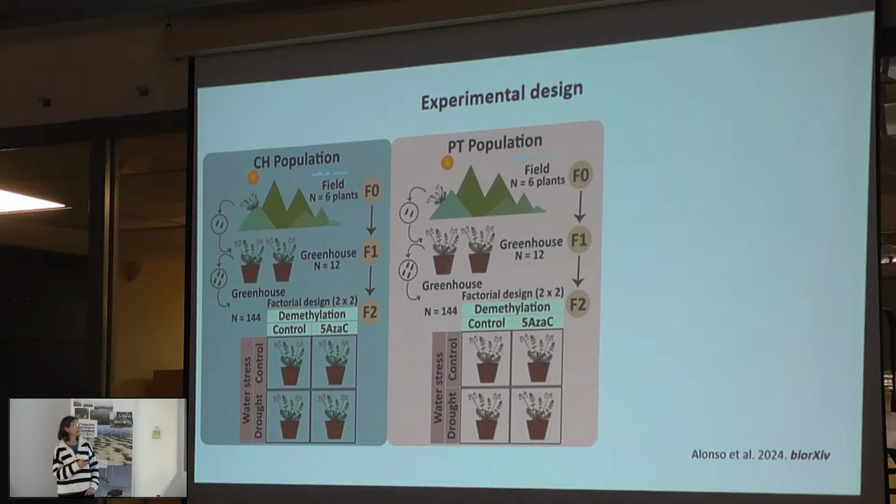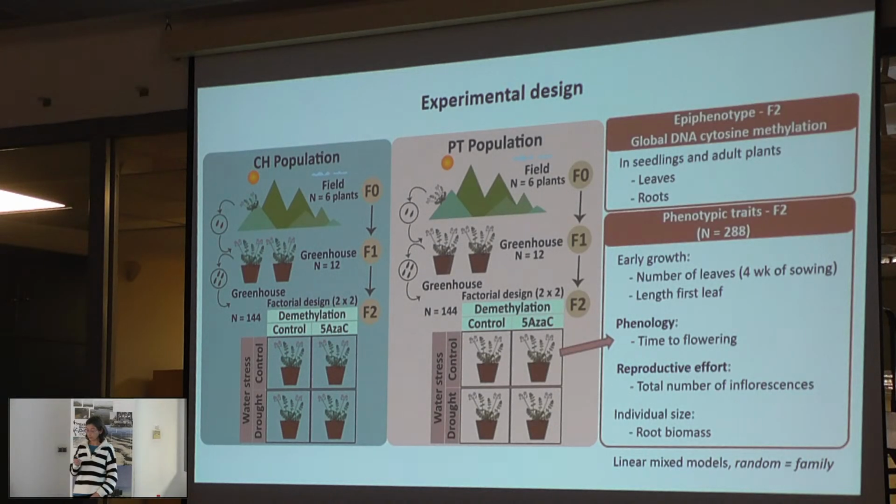And today I will be talking to you about the F2 that followed a factorial design in which we applied a chemical to demethylate the plants so that we somehow erase the memories, and then water stress that was applied like a recurring water stress, meaning that control plants were watered every week, and the treated plants were watered every 2 weeks. So they experienced it along the whole life after the establishment period, okay?